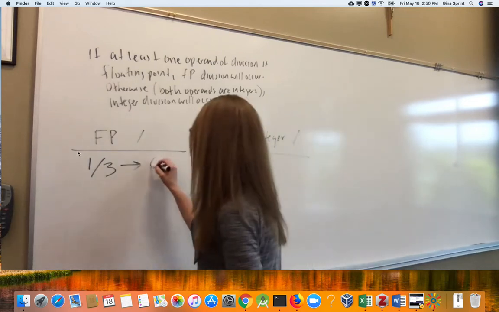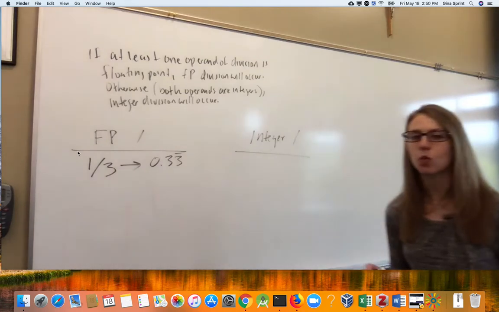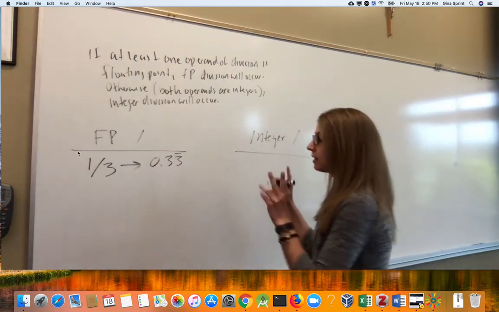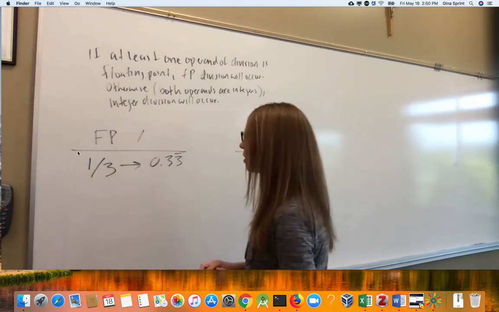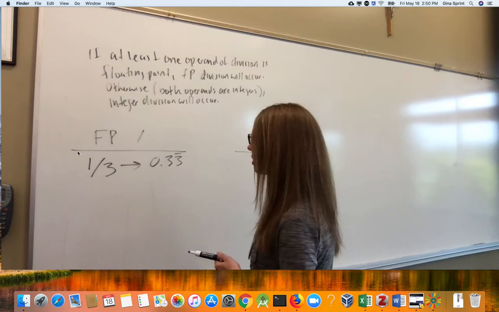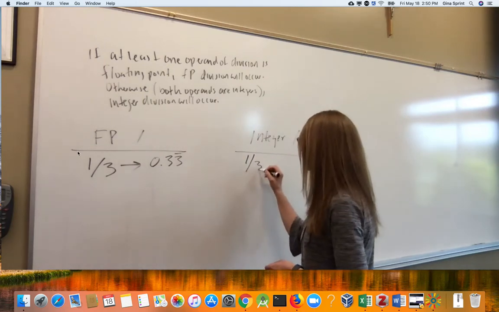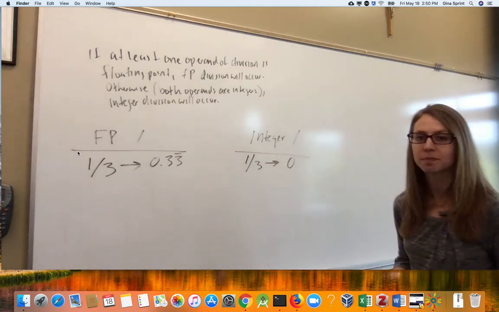So this evaluates to 0.33, 1/3. Now, in C++ world, both of these are integers. So since both of these are integers, this would actually evaluate to 1 divided by 3 integer division, which is 0.